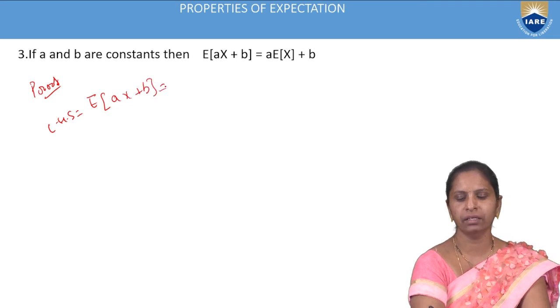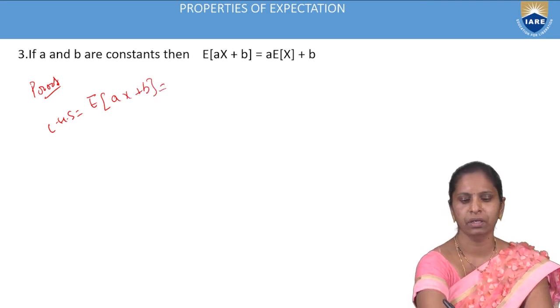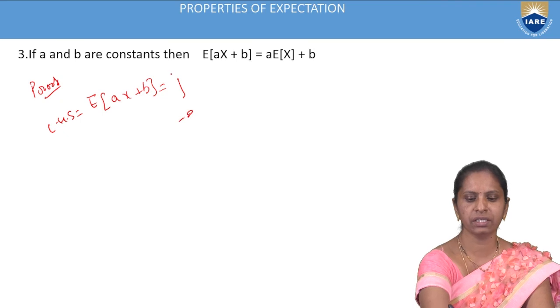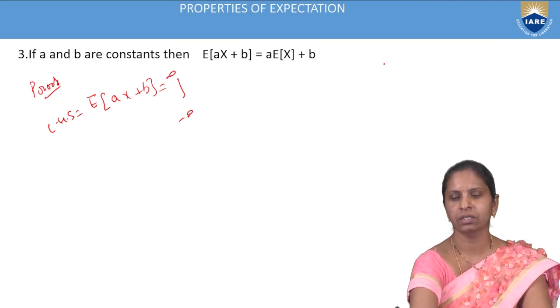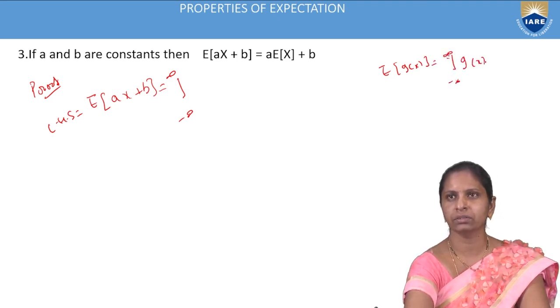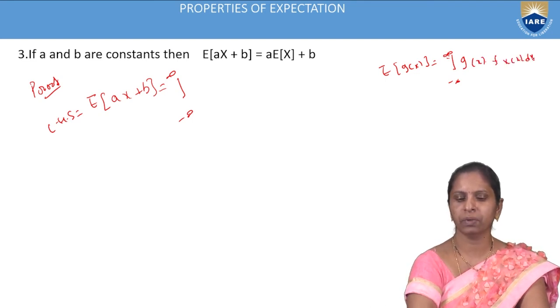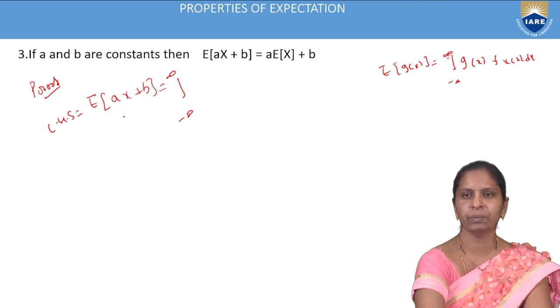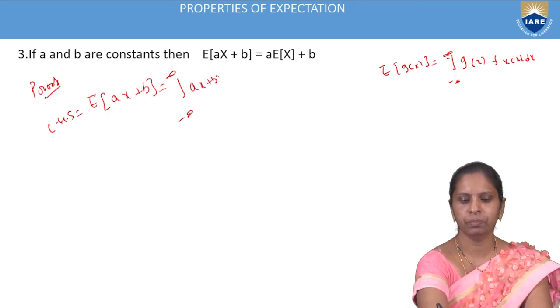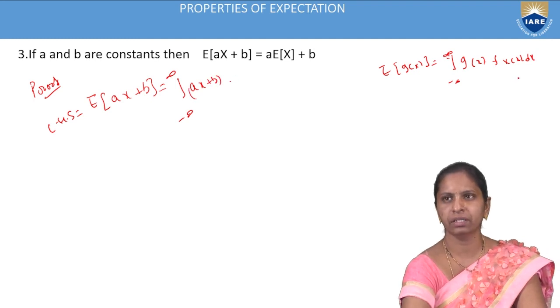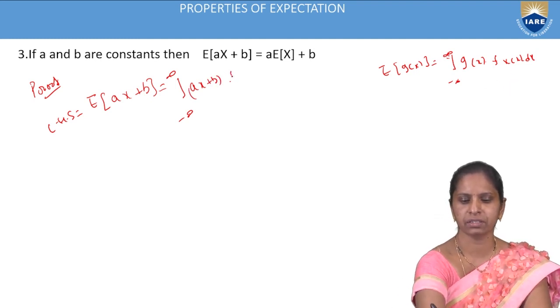The expectation of any function g of x is equal to the integration from minus infinity to infinity of g of x into f of x dx. So in place of g of x, here I am having ax plus b, and I can write ax plus b into the density function f of x dx.